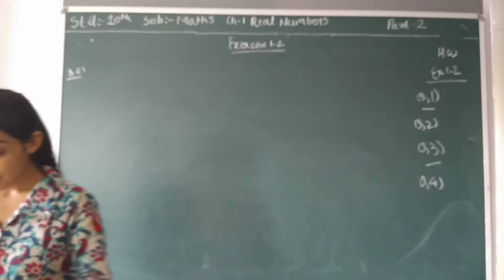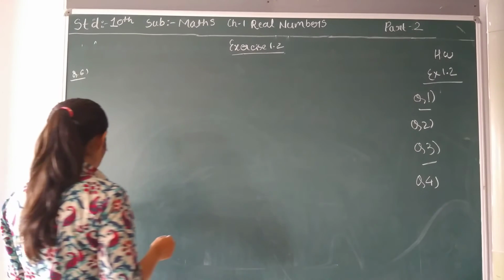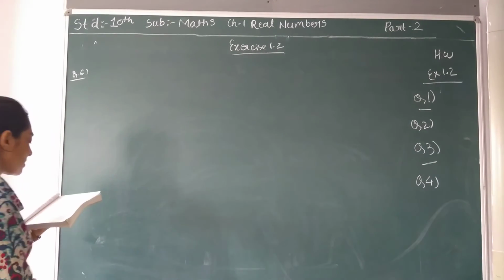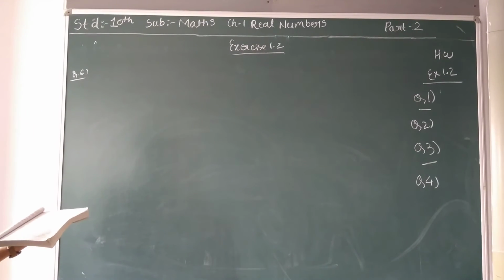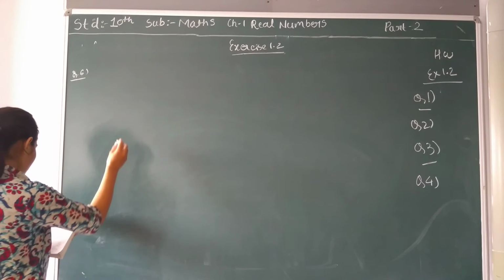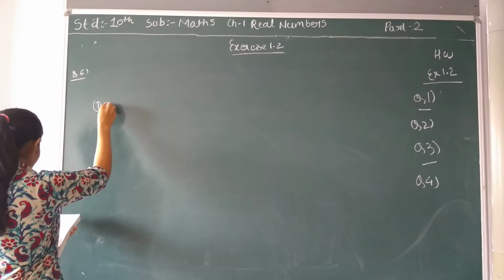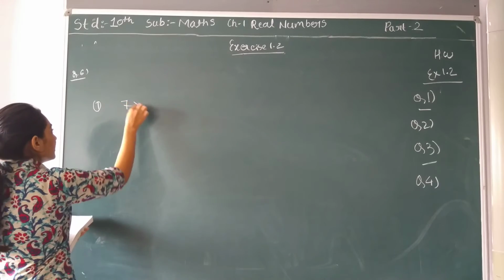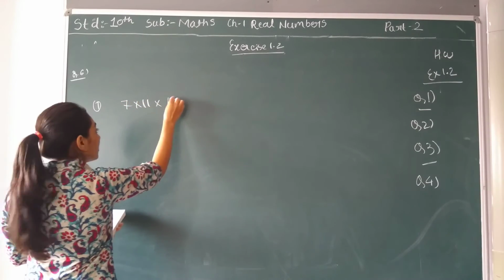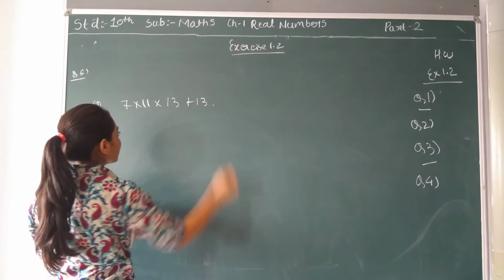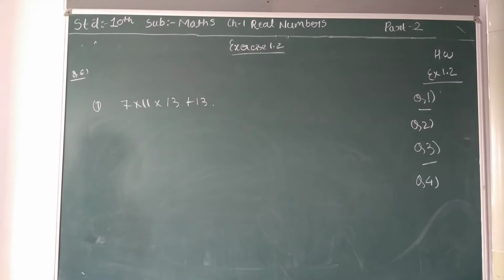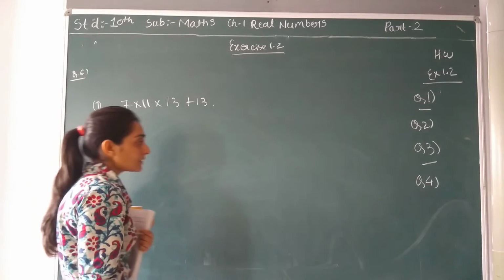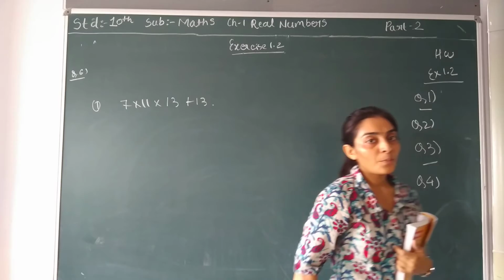Show that 7 multiplied by 11 multiplied by 13 plus 13 is a composite number. The first one says show that this number is a composite number.